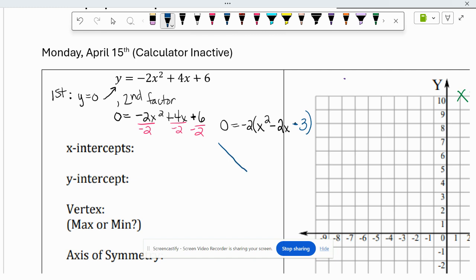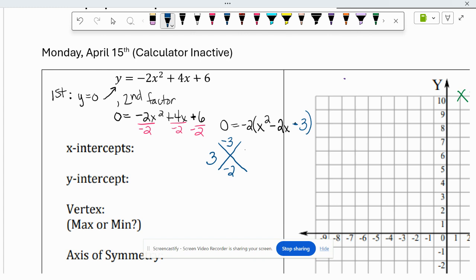So we have to factor this. This is saying find two numbers that when you multiply them, you get negative 3, but when you add them, you get negative 2. Well, there's only one pair of factors that multiply to 3. What are they? 3 times what is 3? 3 times 1, and that's it.